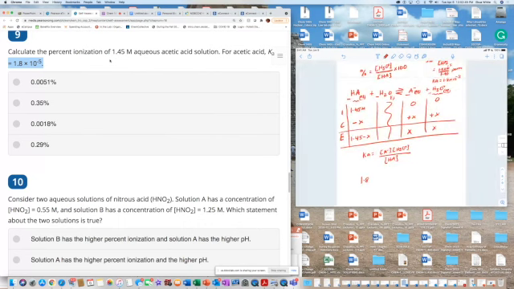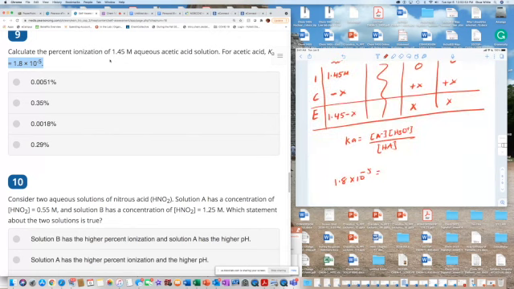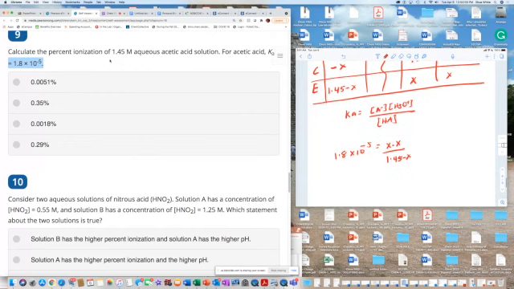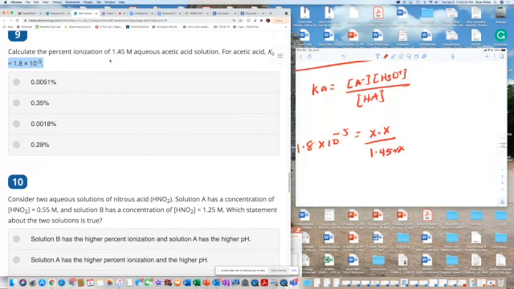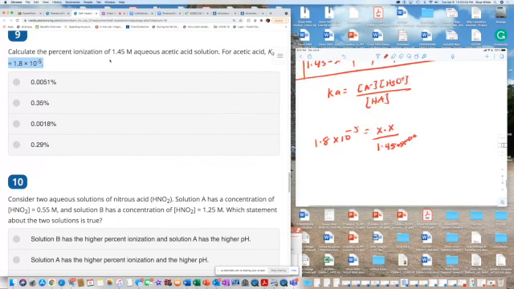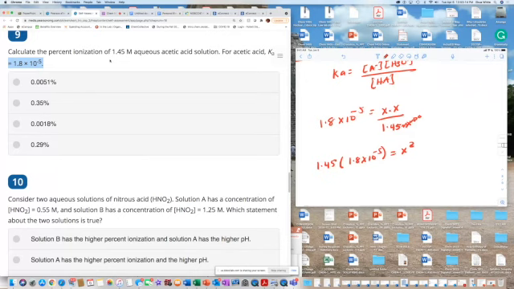Brain focus, 1.8 times 10 to the negative 5 equals x times x over 1.45 minus x, okay? We said the 5% rule passes, so this minus x goes to 0. So essentially 1.45 times 1.8 times 10 to the negative 5 gives me x squared, okay?